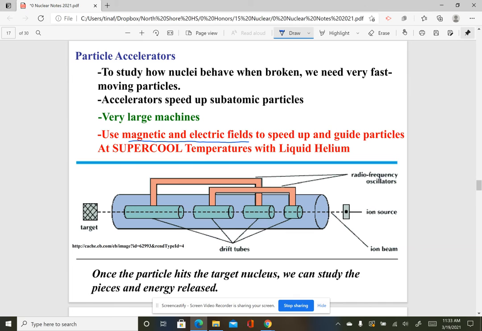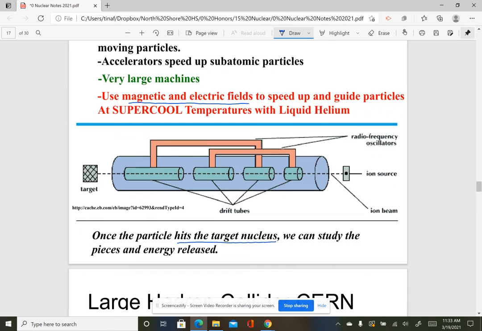We know that if something has a negative or a positive charge, it's going to be attracted to something else. So we use that attraction to make these particles move in a certain way. These particles are going to hit a nucleus, okay? And once that bombardment happens, we can study what comes out of that nucleus. We can study the pieces and the energy released, okay?